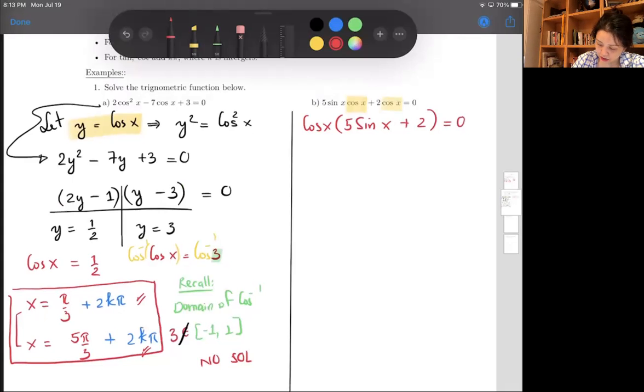And this implies either cosine x equals 0 or 5 sine x plus 2 equals 0.